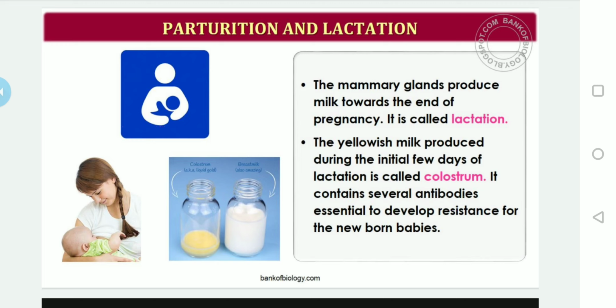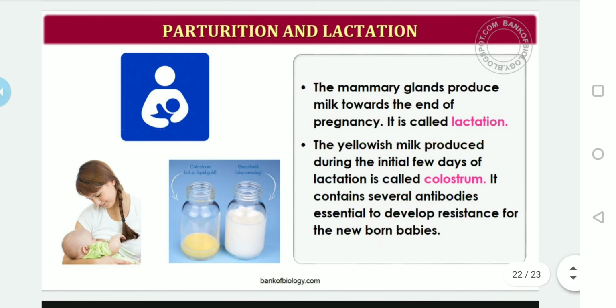That is the reason behind all these things. So this is how exactly parturition and lactation can be seen in humans.